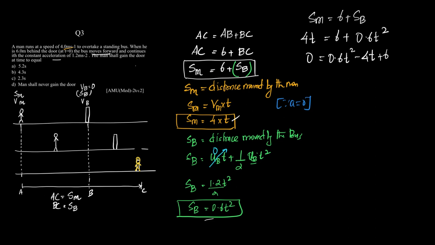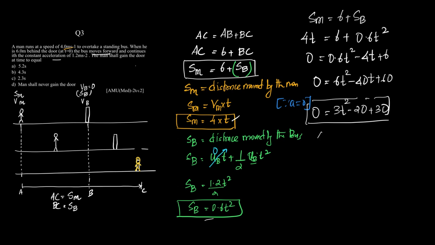To make this simpler, let us multiply this by 10. So this becomes 6t square minus 40t plus 60 equal to 0. Dividing this by 2, what do we get? 3t square minus 20t plus 30. This is the required equation.